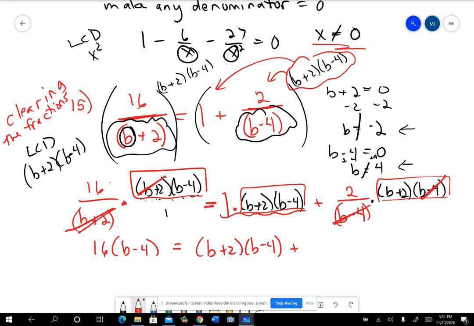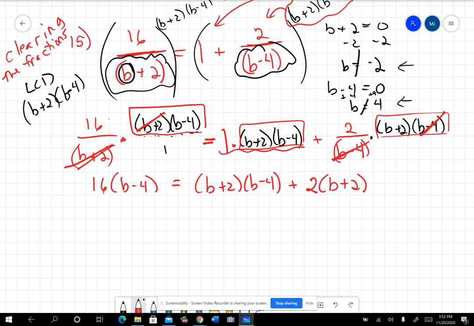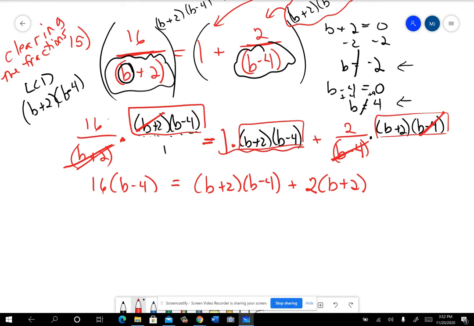But I can't use one thing on one side and something different on the other. That's why they had to both be there all the way through. So then here I have a 2 left and a b plus 2. Okay, so already it's much improved, because I don't have the fractions to think about anymore. Now at this point, I'm going to do some multiplying and some regular kind of equation solving stuff. So I'm going to distribute. Here I'm going to FOIL.